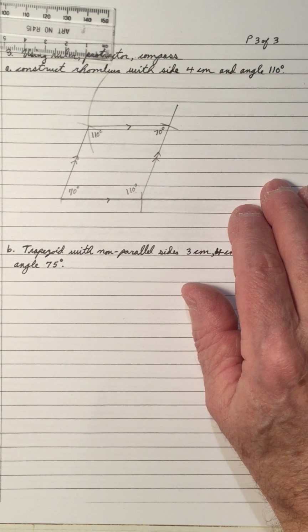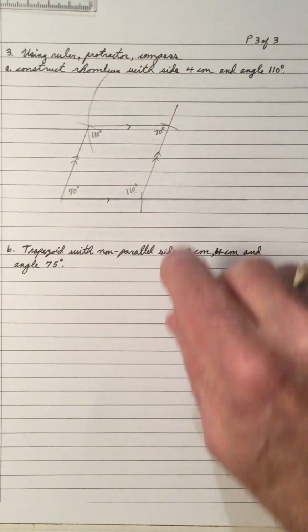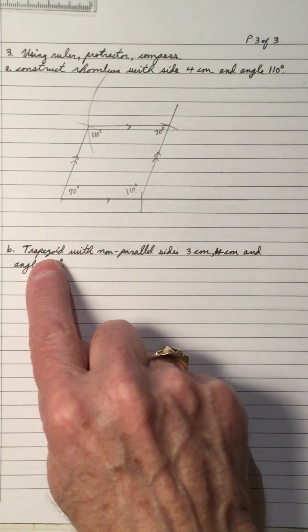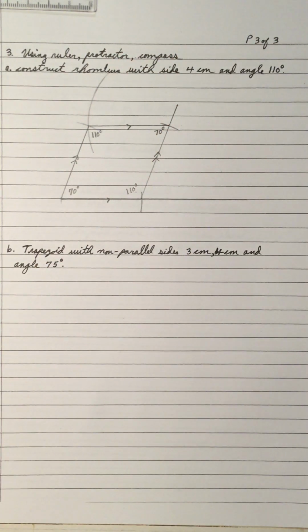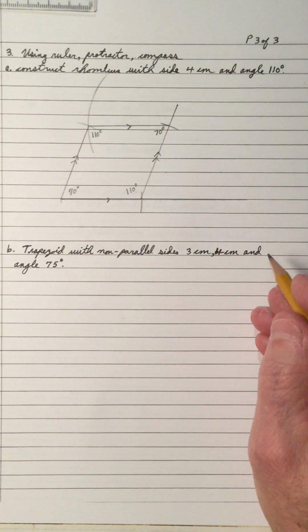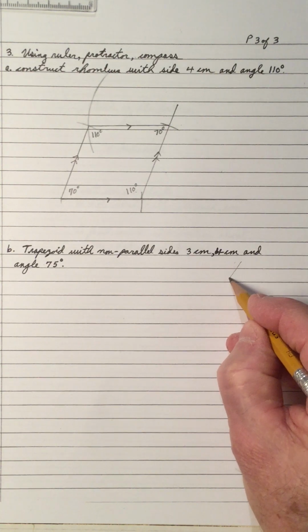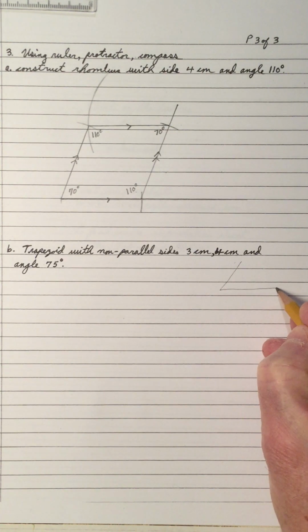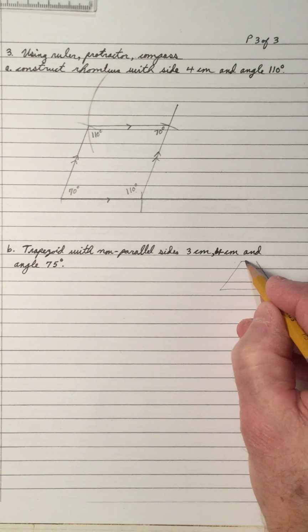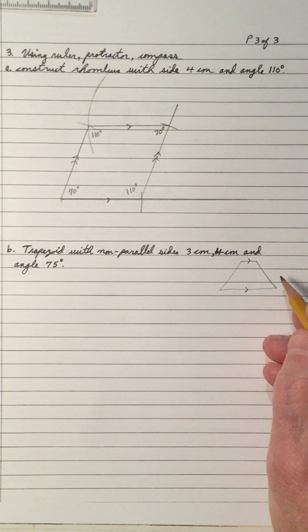Okay, now using a ruler, protractor, and compass again, I'm going to construct a trapezoid with non-parallel sides of 3 and 4 with an angle of 75. So a trapezoid is this sort of a figure. A trapezoid has only 2 sides parallel, only 2.